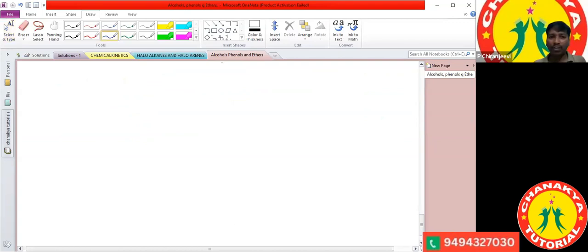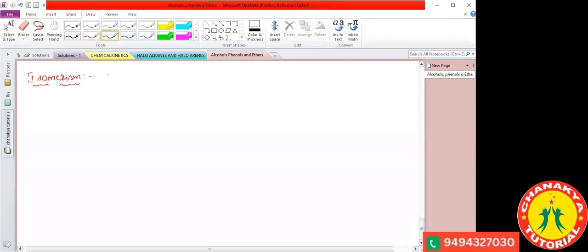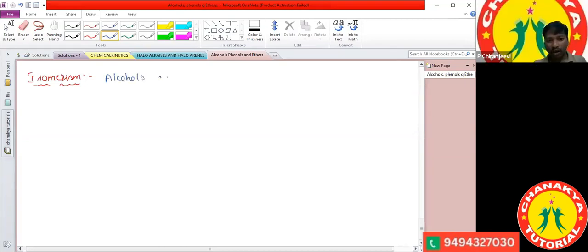Next we'll go for isomerism. We already studied isomerism. Alcohols exhibit which kind of isomerism? Alcohols and phenols, both we can take here, so the isomerism concept we can apply for both at a time.